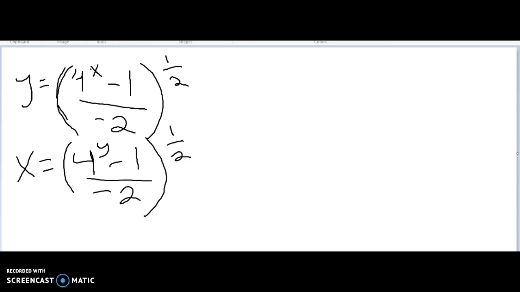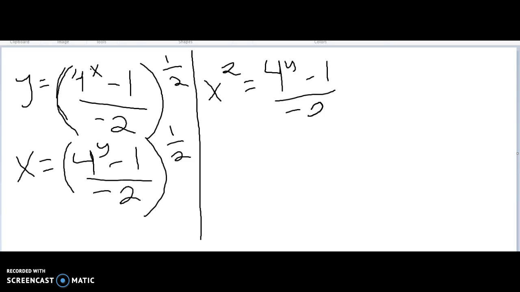So what you would do is, since everything is being raised to the 1/2 power, you're going to take it and put a line here to separate the work, and put the x to the second power, and then you can do 4y minus 1, because you want to get all that out of the parentheses, because you can't do anything with it being in parentheses.